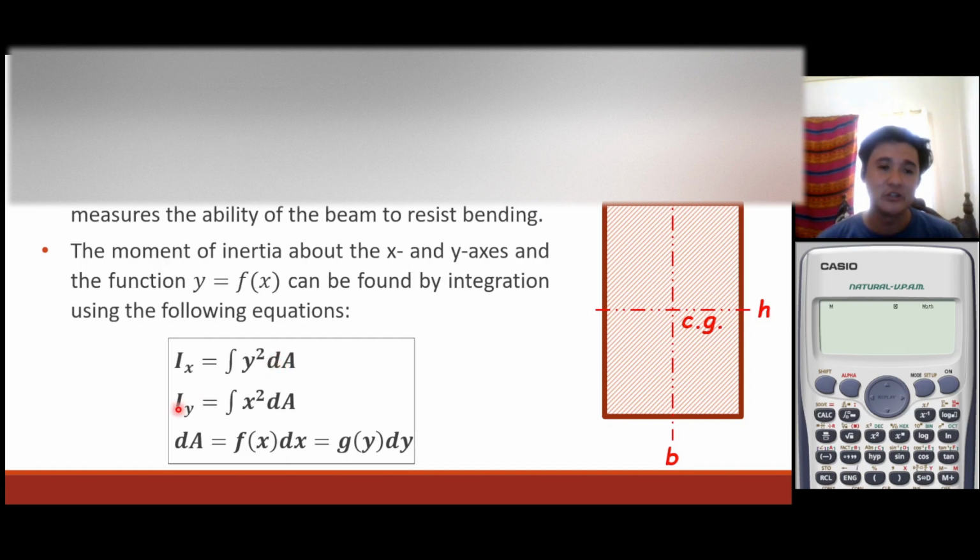At ganoon din in getting Iy or yung moment of inertia with respect to y, kukunin natin yung integral ng x squared differential area where yung x natin, it is the x distance ng centroid ng differential area. Okay? So, yung differential area natin, that is equal to yung function times differential x or yung function times differential y depending sa orientation ng strips mo kung pahababa o pahiga. Okay? So, that is yung general equation natin in getting the moment of inertia.